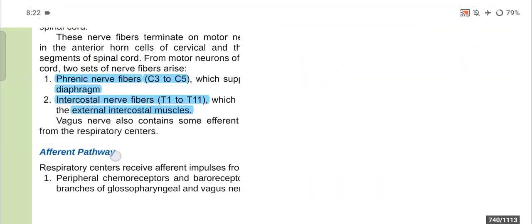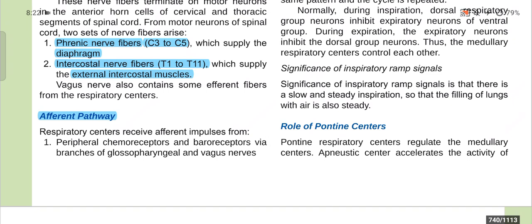Now, the afferent pathway. In case of afferent pathway, the respiratory centers receive afferent impulses from the peripheral chemoreceptors and the baroreceptors. Number 1 is peripheral chemoreceptor and baroreceptor via the branches of glossopharyngeal and vagus nerves.